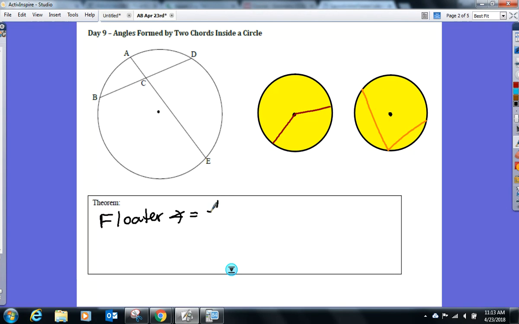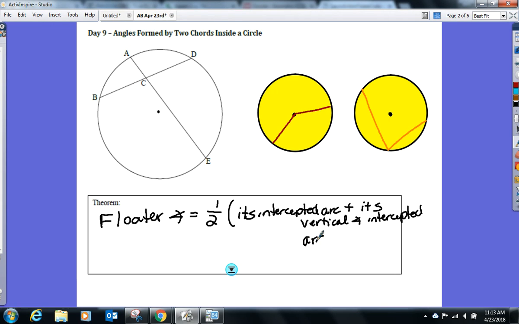You take half its intercepted arc, so the arc that it makes, plus its vertical angle's intercepted arc. You add those two values and divide by 2 or multiply by 1/2.